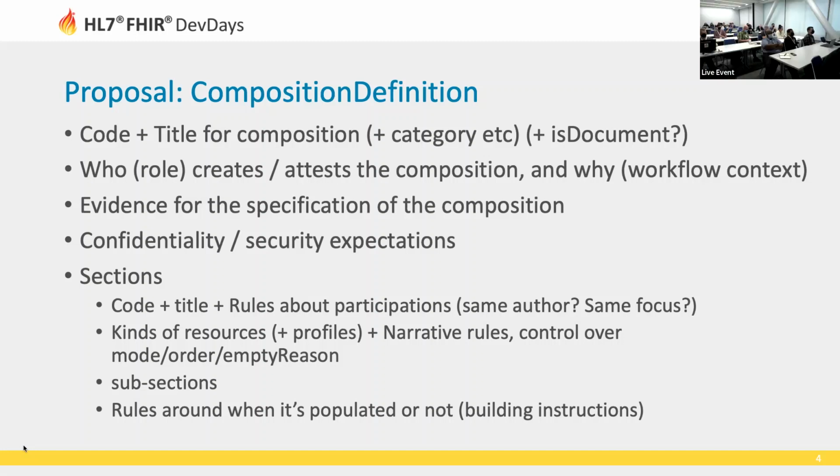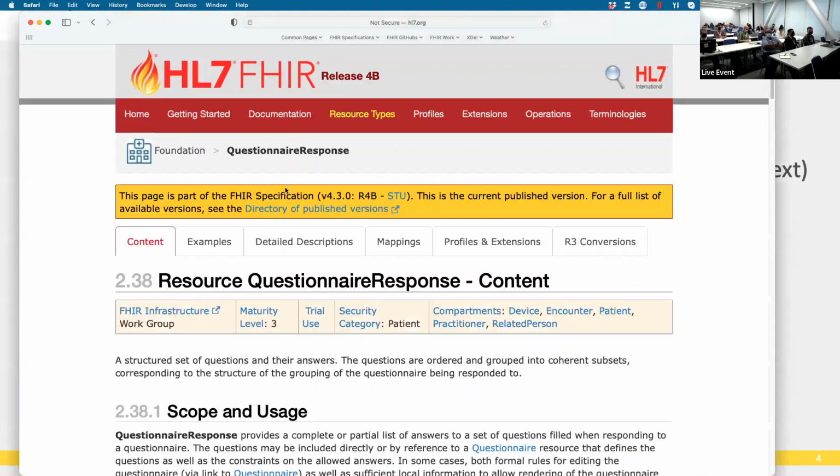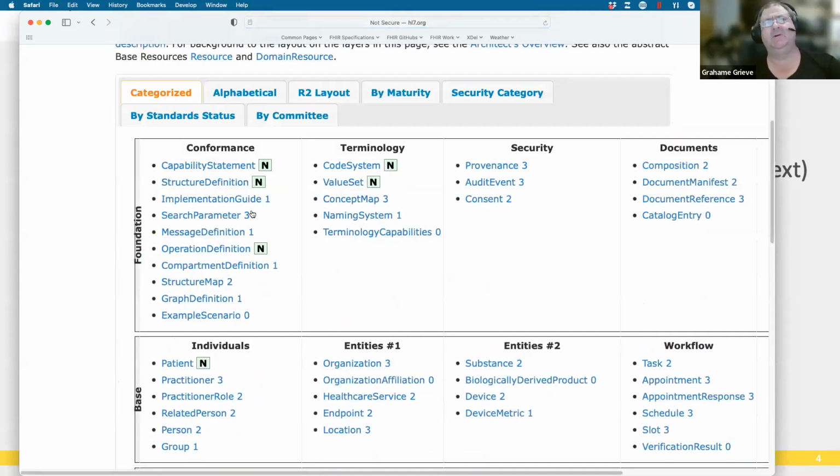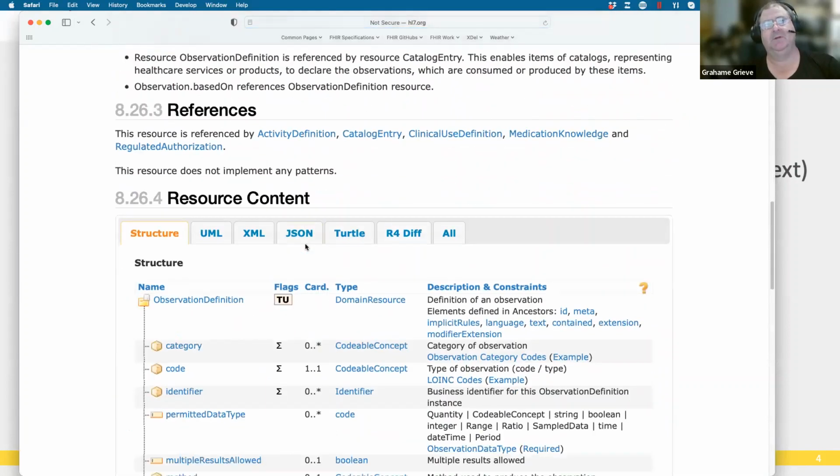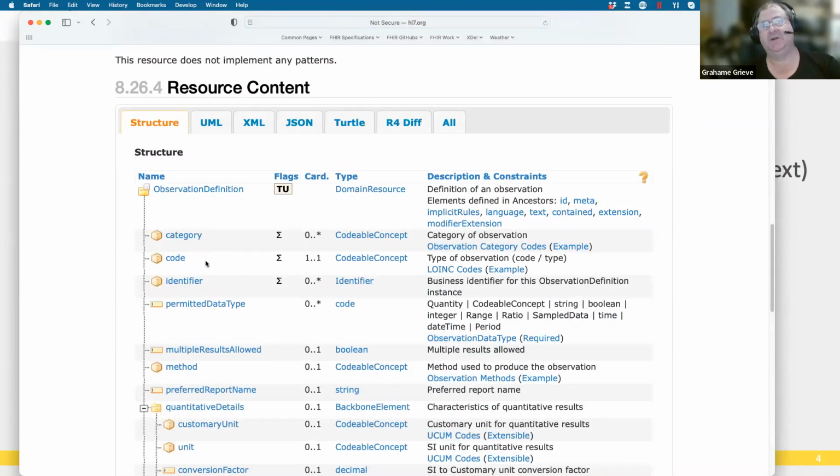Yeah, I think it seems like the relation between composition definition and structure definition is, sure, you could do this with a structure definition, much like you could use structure definition to do what you do with questionnaire, but it's pretty user unfriendly. Yeah, you could. I think the working thing that we should be thinking about is observation definition, which starts with a category and a code.